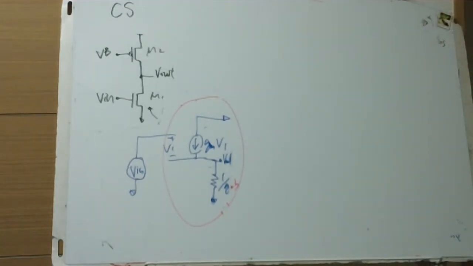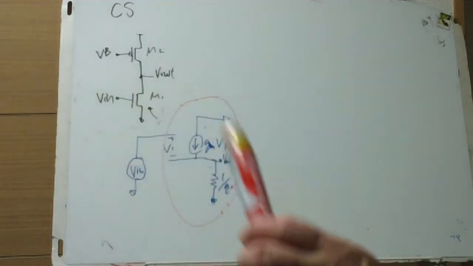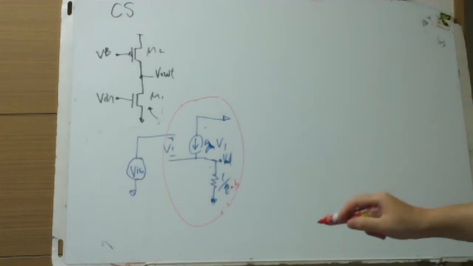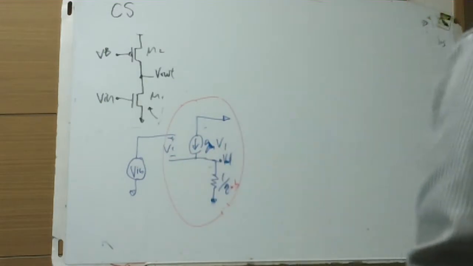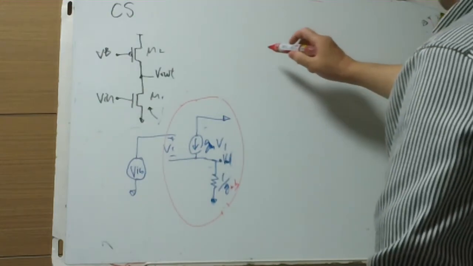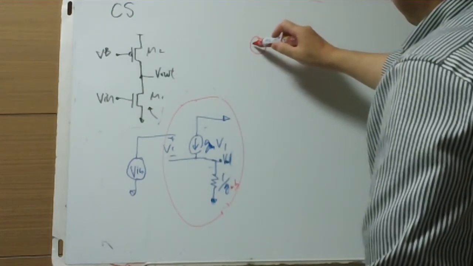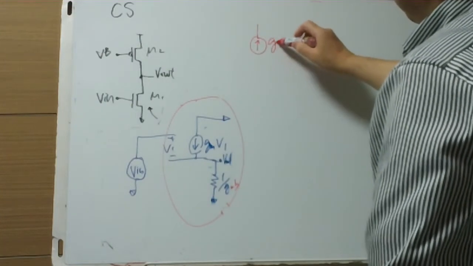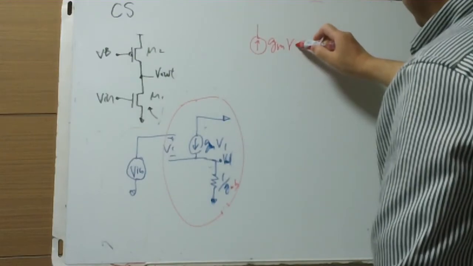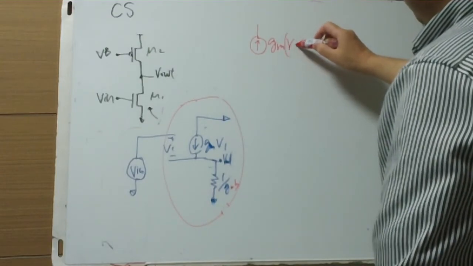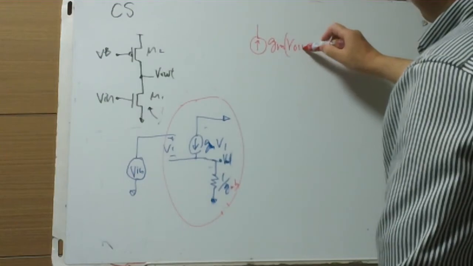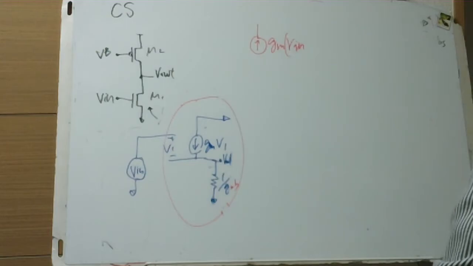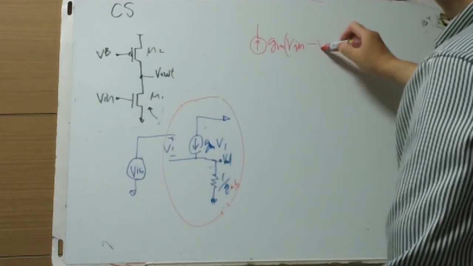Why is my understanding complicating? From this, exactly V1 equals V in minus V out. So we need GM V1, GM V in, this is GM V in minus V out.